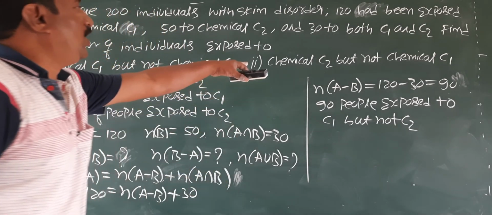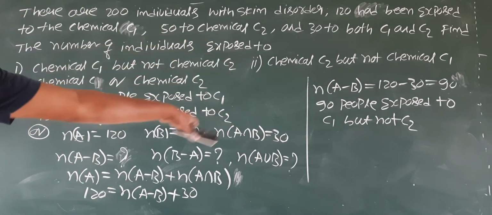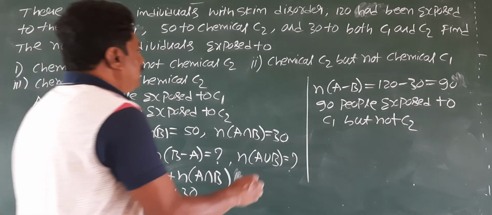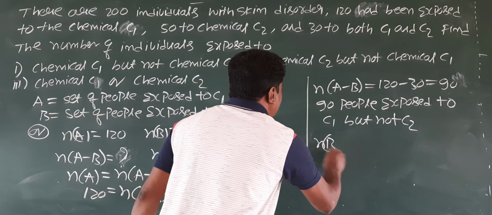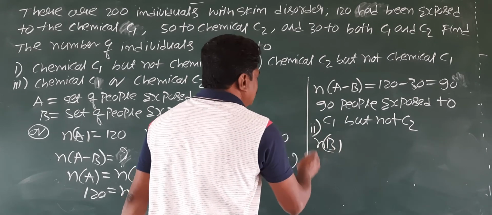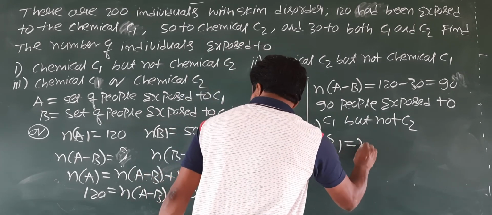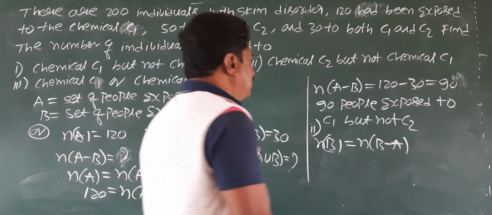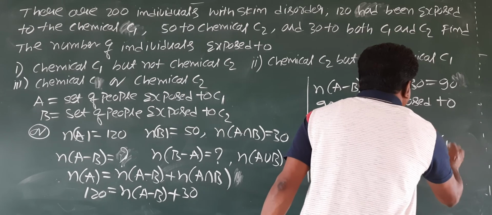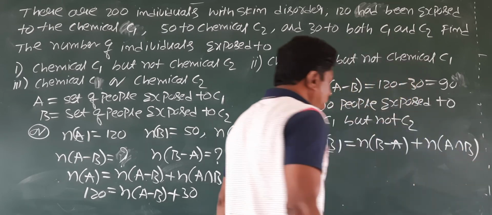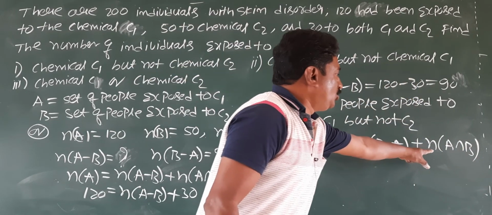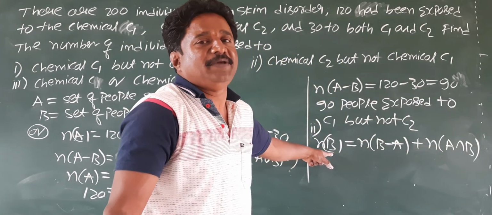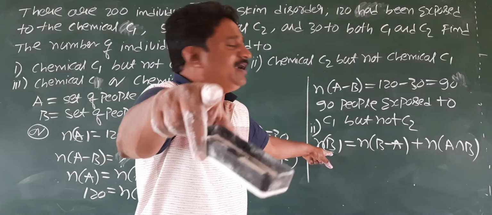Now let us solve the second one by the same method. N of B minus A is required. Tell me the formula for NB: N of B minus A plus N of A intersection B. The total of these two sets is equal to the number of elements of set B, which can be seen clearly in the Venn diagram.